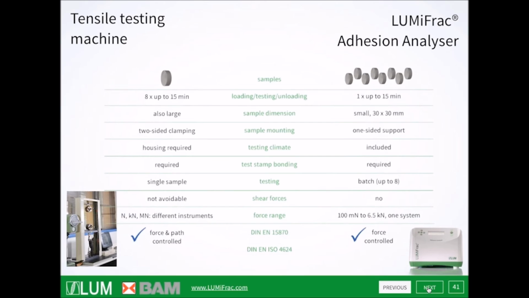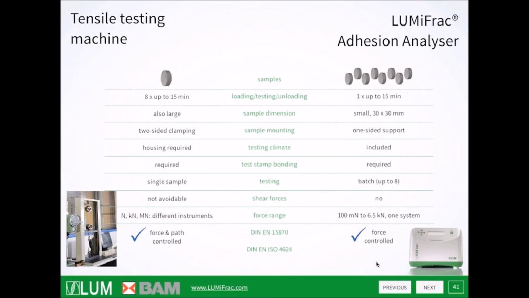Regarding the force range, there are different instruments on the market regarding the tensile testing machines. Normally the force range is about 3 orders of magnitude. With the adhesion analyzers, you can measure from about 100 millinewton to 6.5 kilonewton with one system. The reason is that we can change RPM, we can change the mass of the rotor, and we can change the area of the bonding.